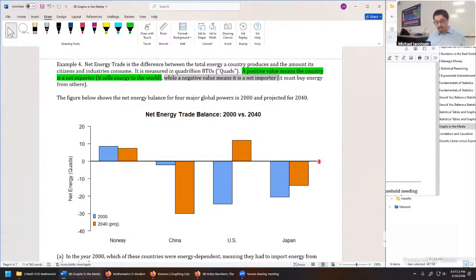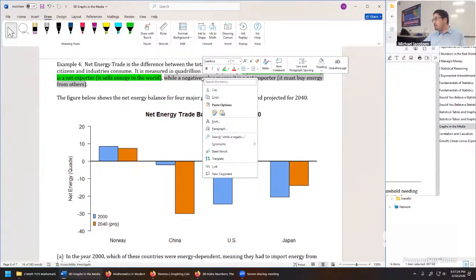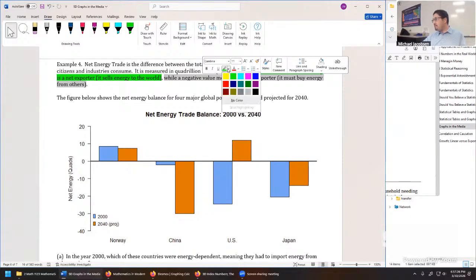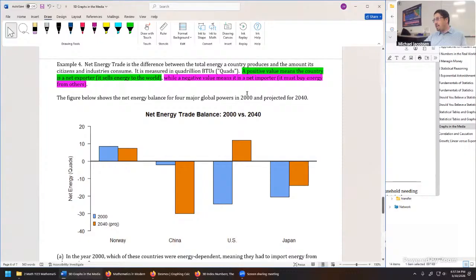If that's the case, they keep the lights on by buying energy, importing it from others. So it's a net importer in this case. Let's think about these two directionalities. Maybe blue is not a good color because blue is already in the graph. That would be tricky if you threw that on there. Let's use purple for negative. Let me know if these colors are hard to read on your screen if we highlight this way.